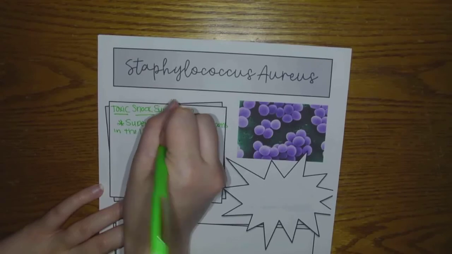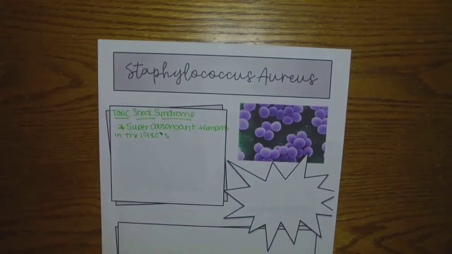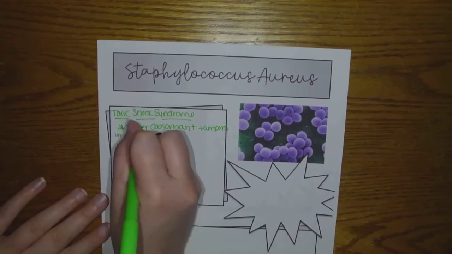So essentially what happened, women just found out about these tampons and how long they could keep them in for. So they kept them in for a very, very long time, much longer than they should have. And essentially what started colonizing was the Staphylococcus aureus, and it became pathogenic. And what they started to experience were these symptoms.